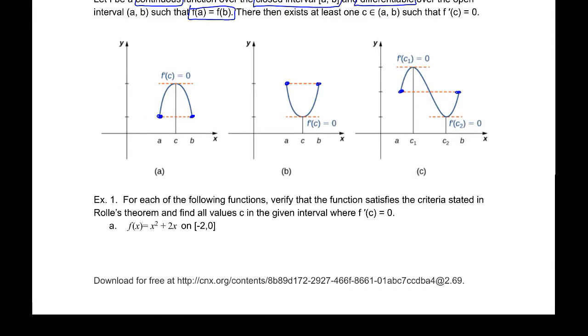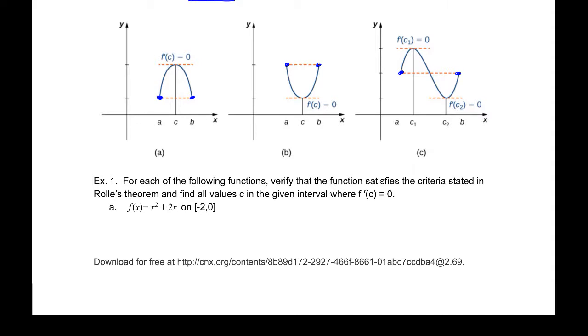For each of the following functions, verify that the function satisfies the criteria stated in Rolle's theorem, and find the values of c where f prime of c equals 0. We're going to apply the method that we used in the last section. First, does it satisfy all those conditions? Is it continuous on -2 to 0?